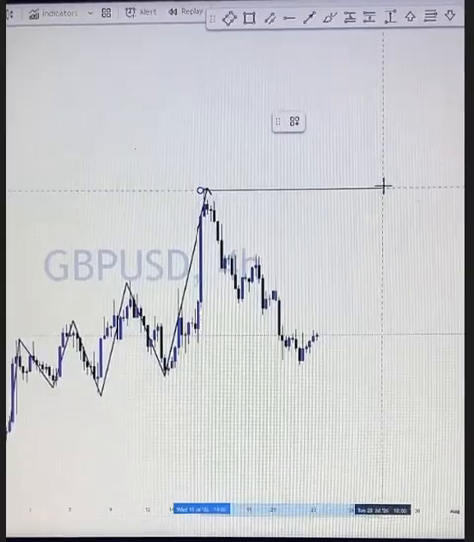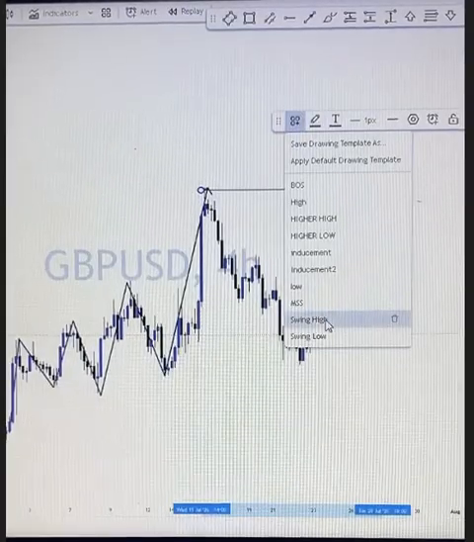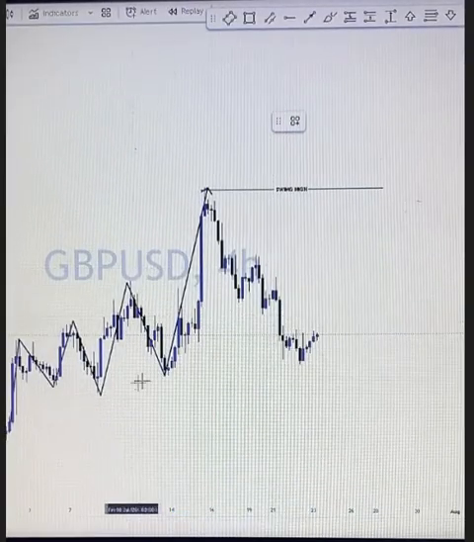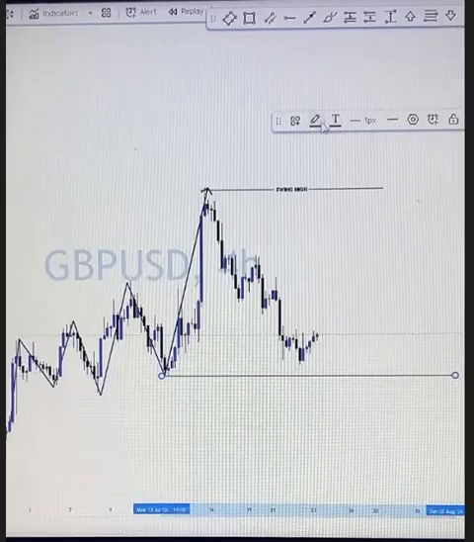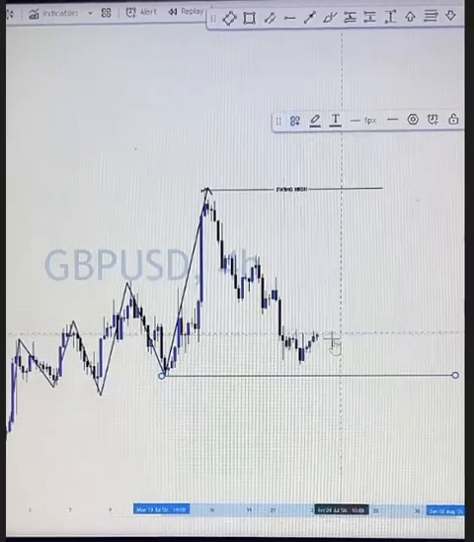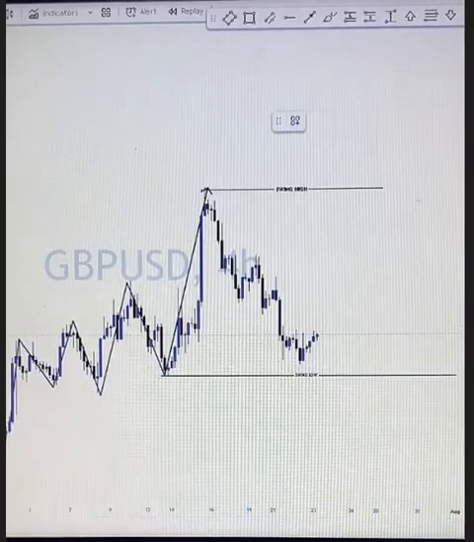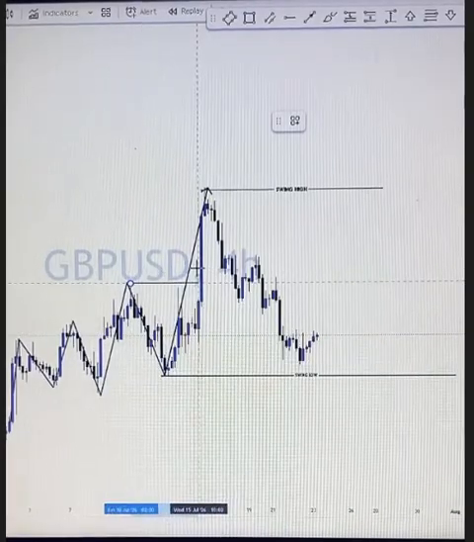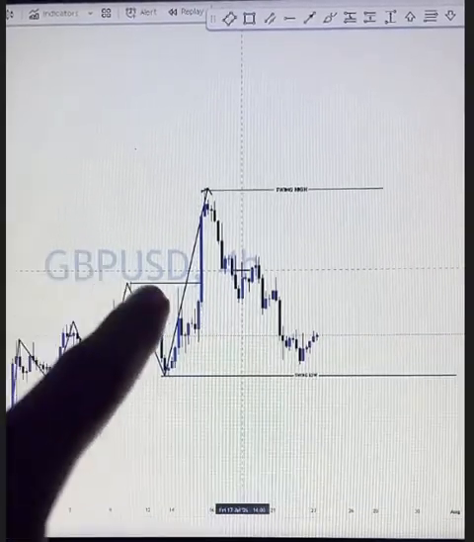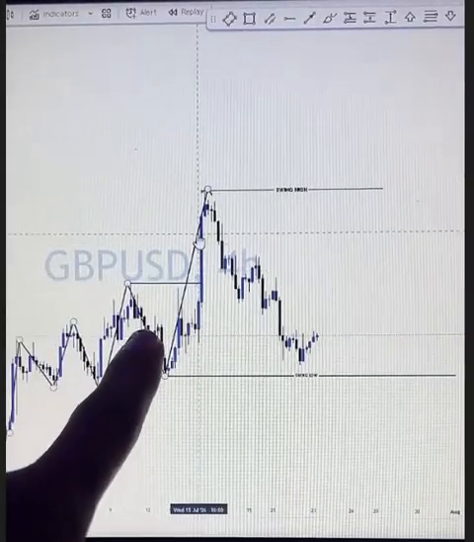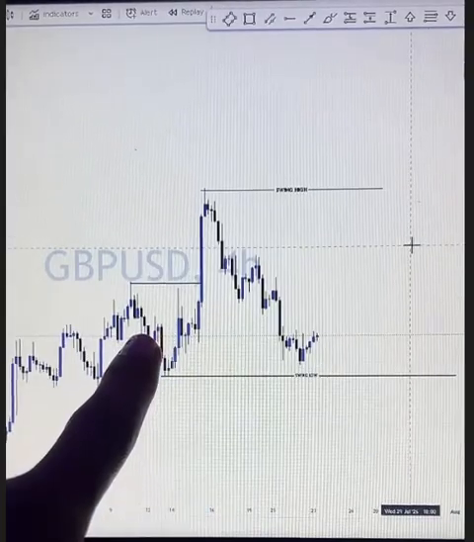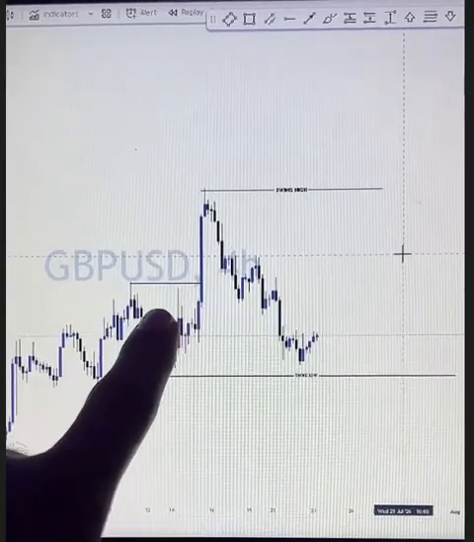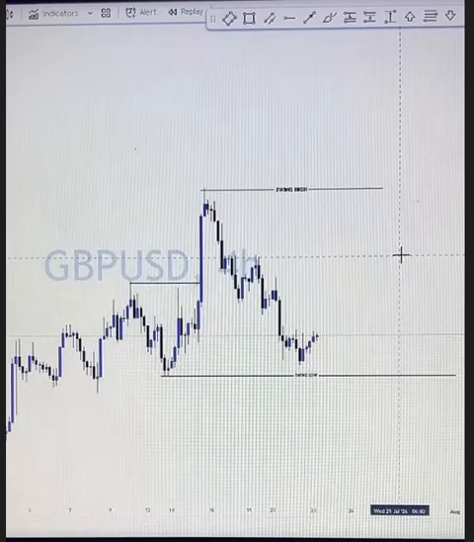We identify our high. Okay. Next thing, what? We identify our low. Okay. And what? Our breakout. Now, what do we call this breakout right here?